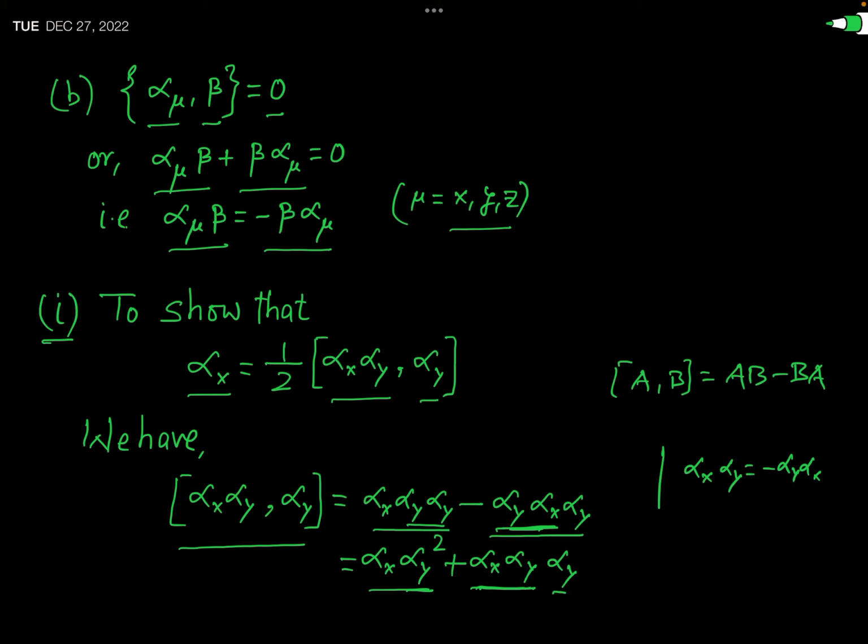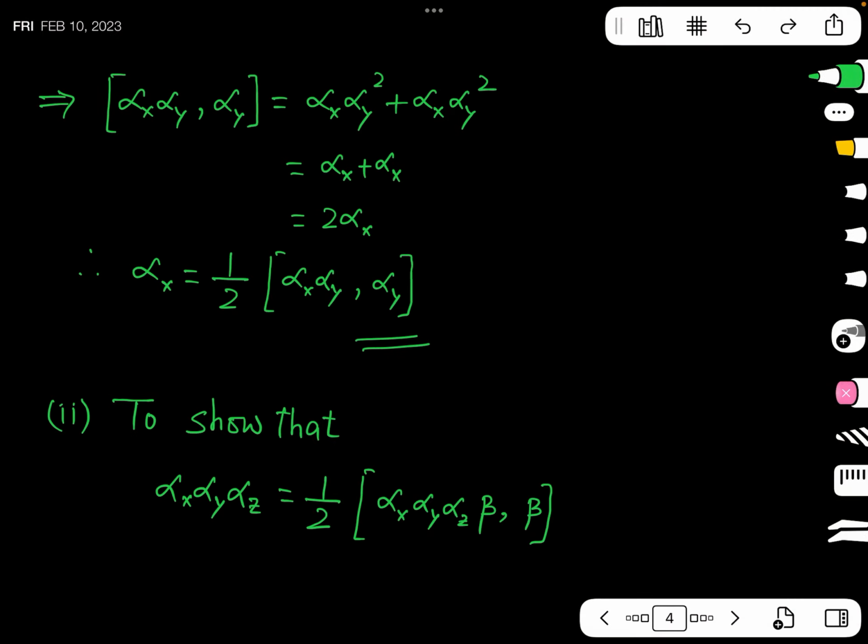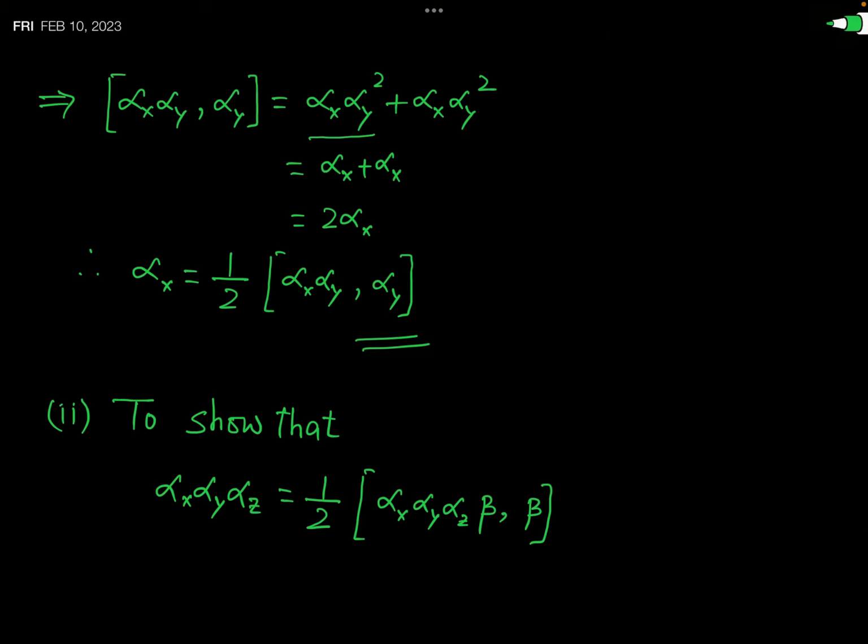Now even in the second term you can see there will be alpha y square. So what will be our result? You can see that will be alpha x, alpha y square plus alpha x, alpha y square.